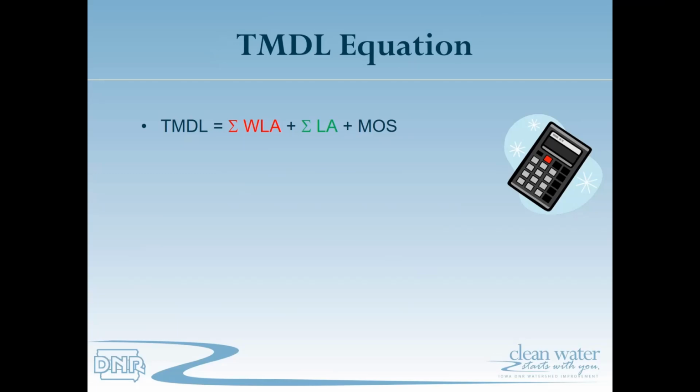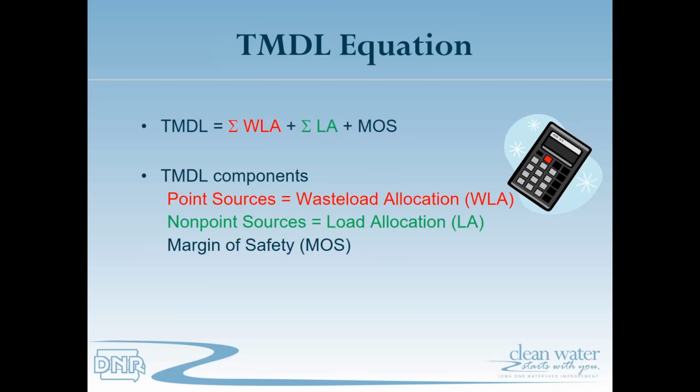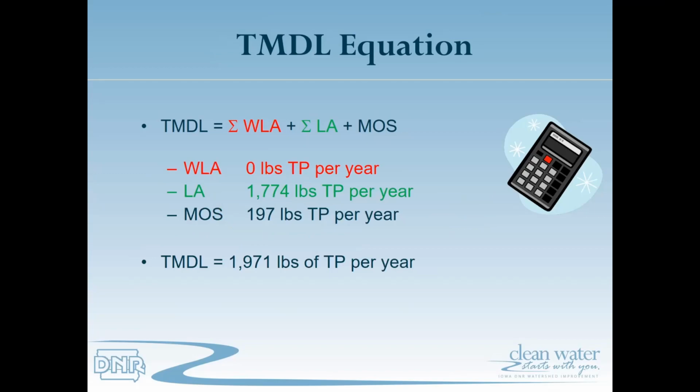So to talk about these components a little bit further, point sources that we talked about would be equivalent to waste load allocation. Non-point sources would be the load allocation, and then we have our margin of safety. We did talk about the waste load allocation or our point sources being 0, so we don't have to worry about that. That leaves all of the remainder to be load allocation and margin of safety.